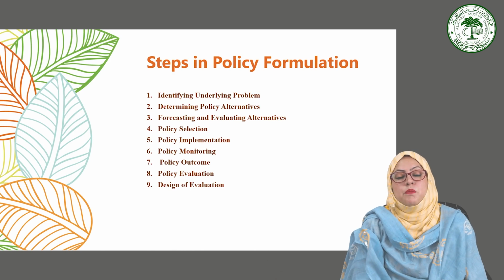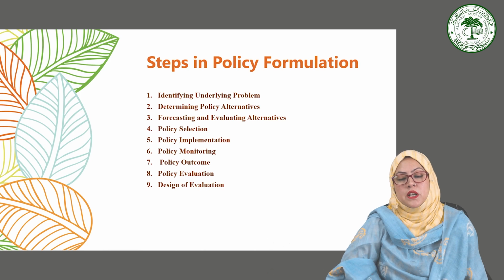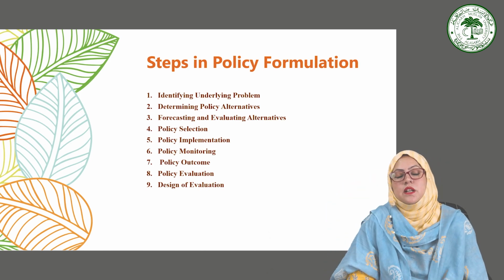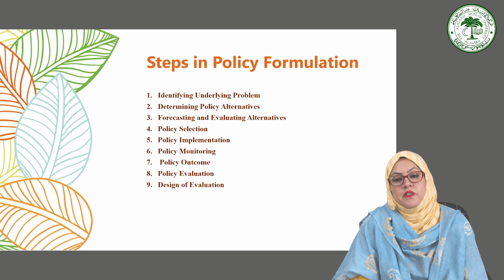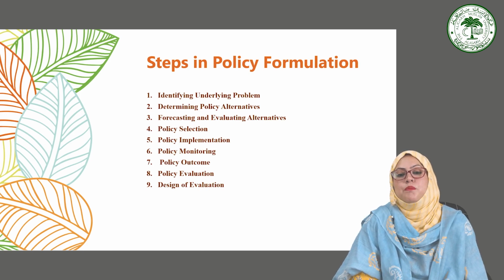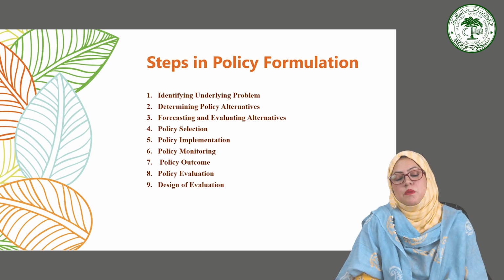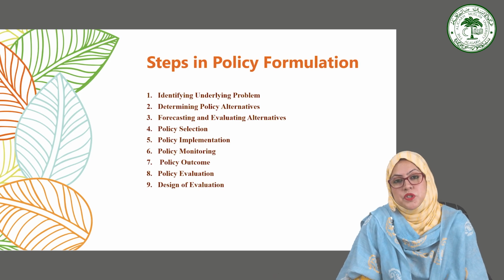Then, determining the policy alternatives. The next step is to determine alternative courses of action. Government intervention can take many forms, and it is very important to determine which kind of intervention would be most positive. You have to come up with certain alternatives.